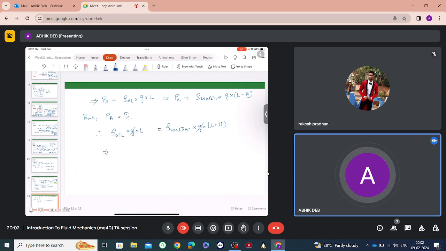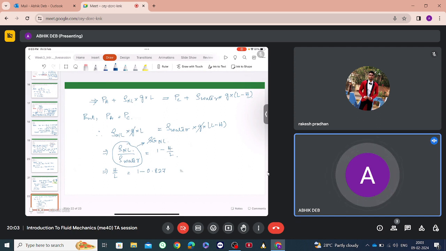We have to determine H. So rho oil by rho water is equal to 1 minus H by L. Therefore, H upon L is equal to 1 minus the specific gravity of oil, that is 0.827.